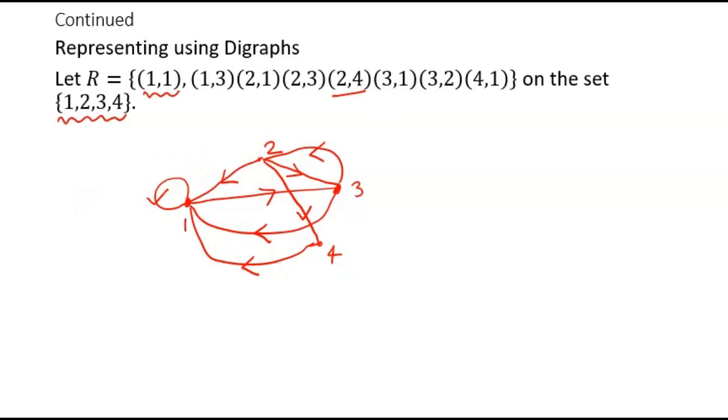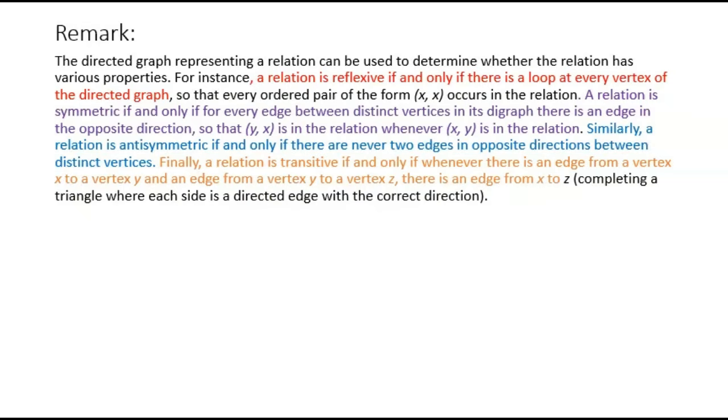I think you are smart enough to make that out: if I talk about the directed graph representation of a reflexive relation, a relation is reflexive if and only if there is a loop at every vertex of the directed graph.